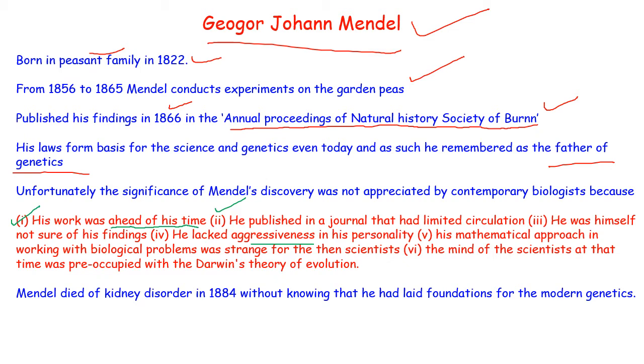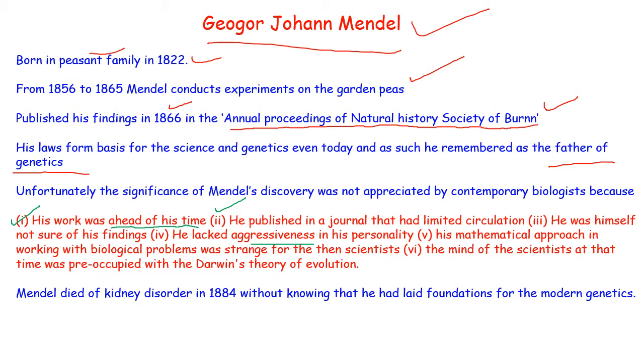He should have been aggressive in discussing these findings with fellow scientists, but he failed to do so. Fifth, his mathematical approach to biological problems was strange. The scientists at that time used a different approach, so it was difficult for them to understand.